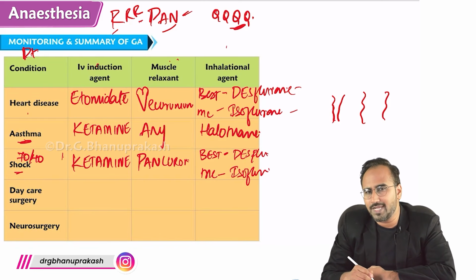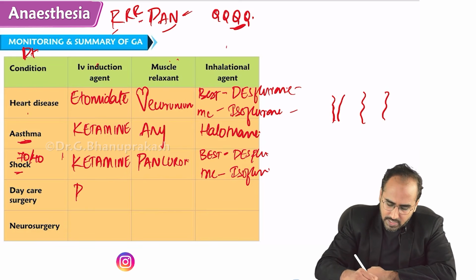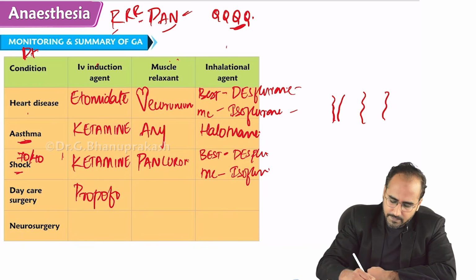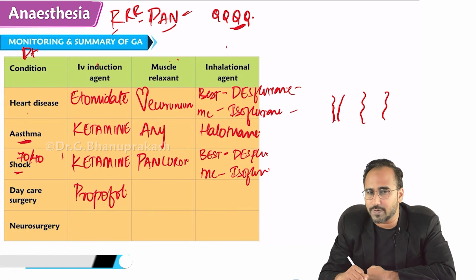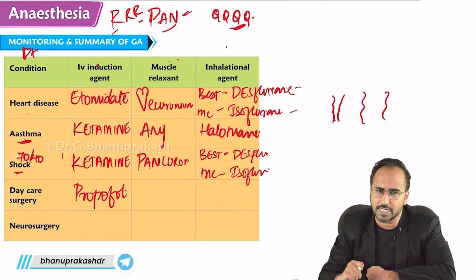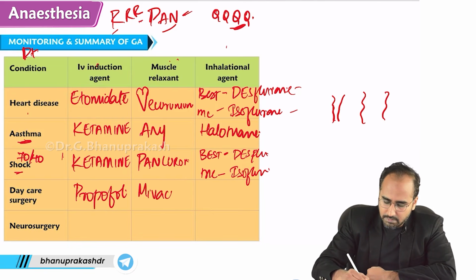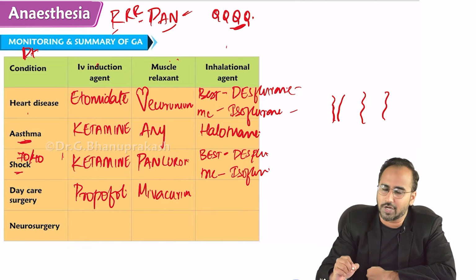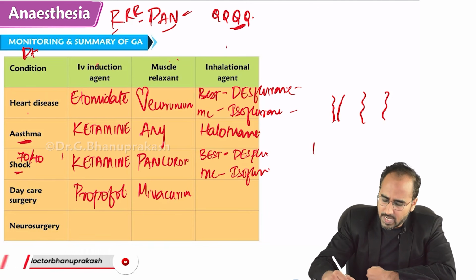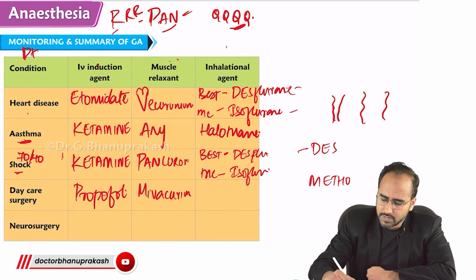A patient is posted for day case surgery. How will you make the patient unconscious? By IV induction. The IV induction agent of choice for day case surgery is propofol. Why? Because it has a short elimination half-life. The muscle relaxant of choice for day case surgery is mivacurium, the shortest acting non-depolarizing. And the inhalational agent of choice for day case surgery: I'll give you an option, guys, desflurane and methoxyflurane.